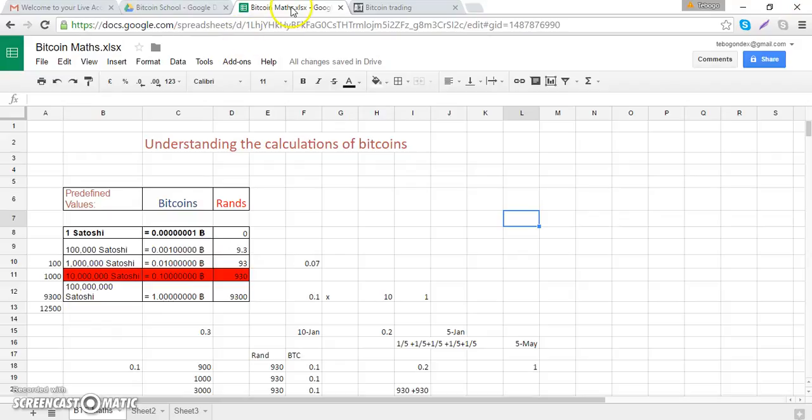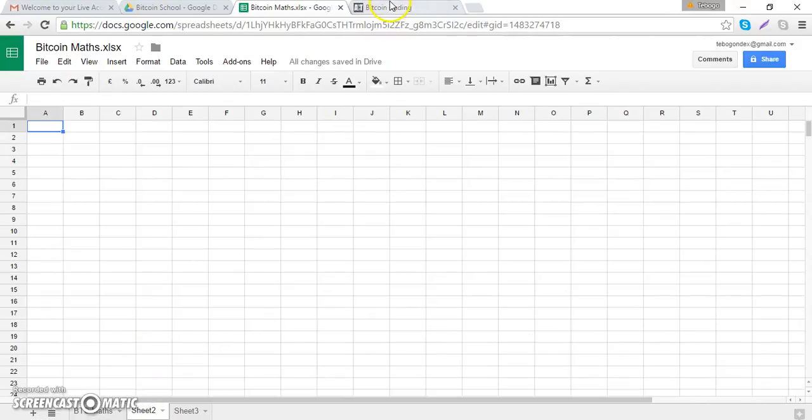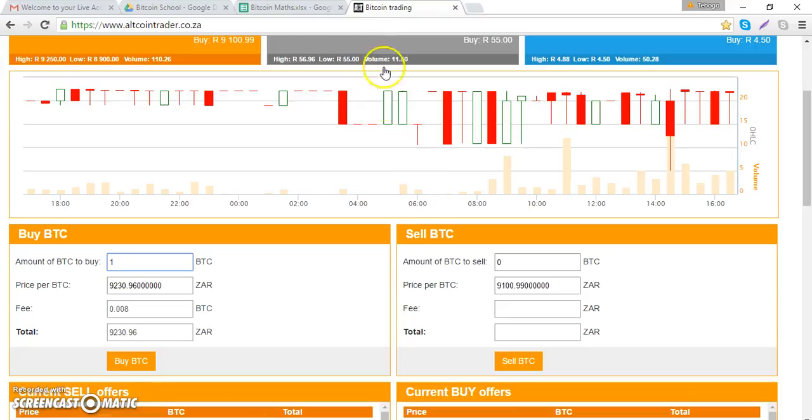Now for those who will prefer to work it mathematically, you can go like, you know that the price per Bitcoin, your price per Bitcoin is 9230. Let's go to our math.